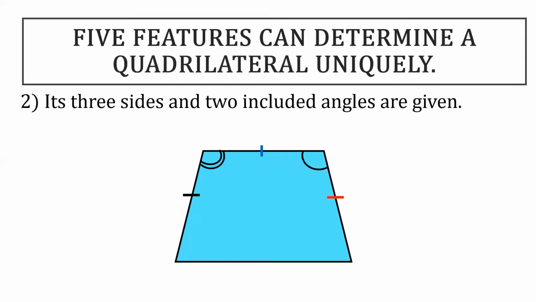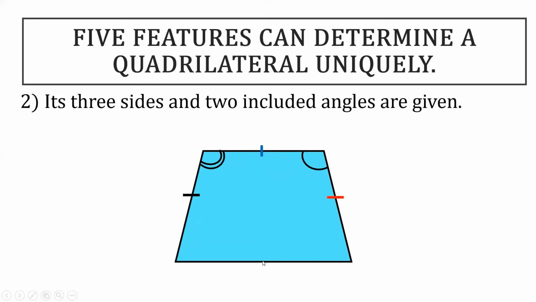Next, we can also construct a quadrilateral uniquely if 3 sides and 2 included angles are given. So here you can see in this diagram, 3 sides and 2 included angles means the angles which are lying between the sides which are known.